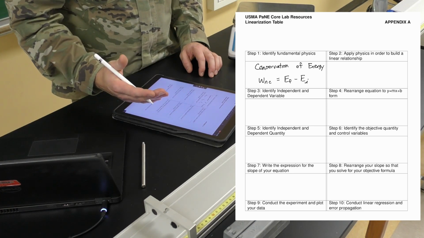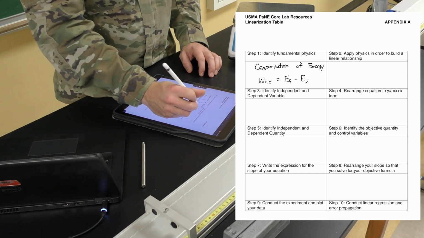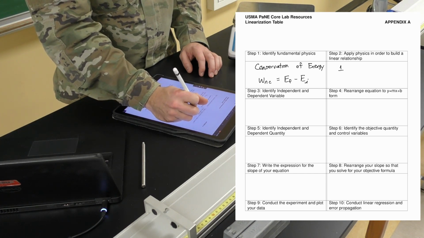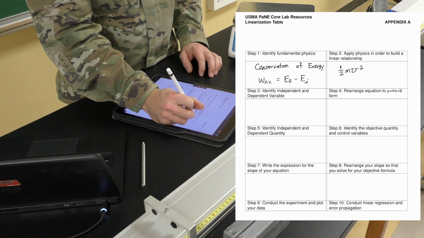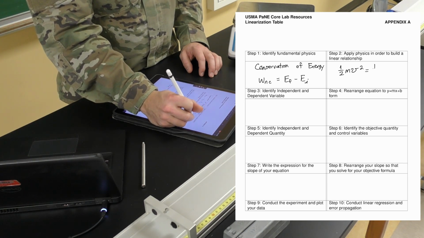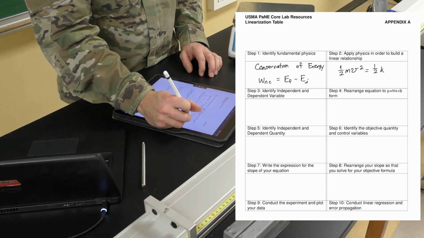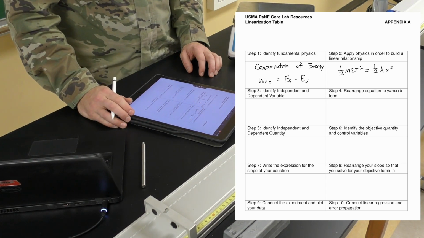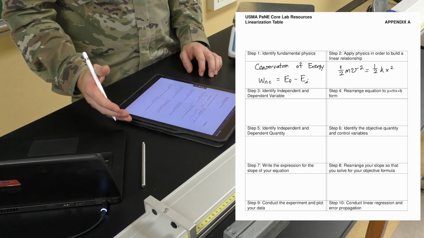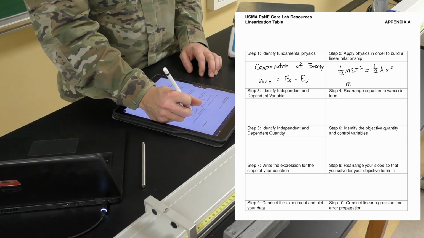But after we apply conservation of energy, we're going to end up with a model equation where 1/2 the mass of the cart times the speed squared is equal to 1/2 times the spring constant times the displacement squared.